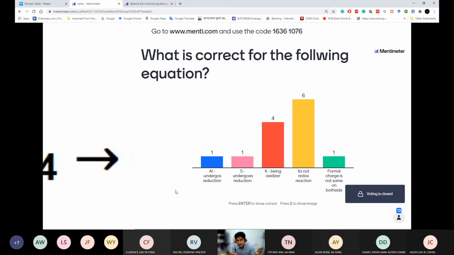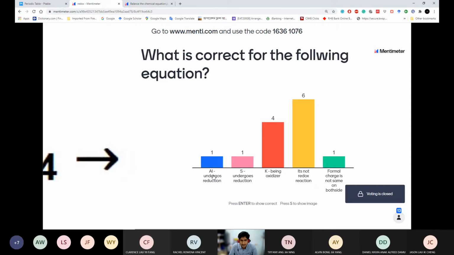If I give someone 2 pens, I will be left as a person with fewer pens. So oxidizer is the same thing: if it has to be an oxidizer, reduction must happen to itself.